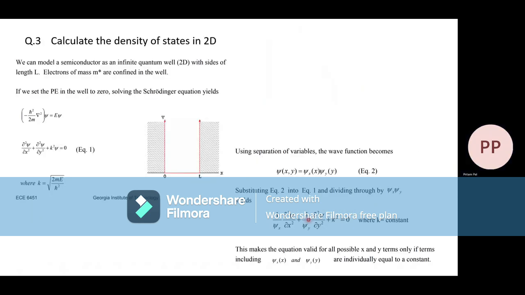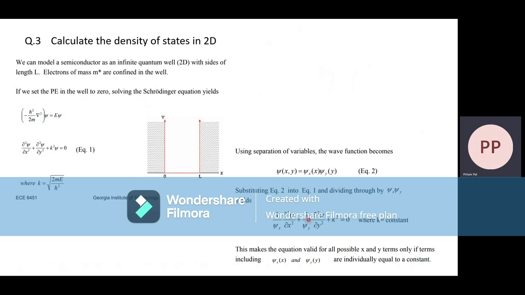If you are asked to find the density of states, how will we calculate it? I think in the assignments you were asked to find this for maybe 1D or 3D. I don't exactly remember, but that's why I'm telling you about the different dimensional cases. The concept is similar, the foundation is the same.